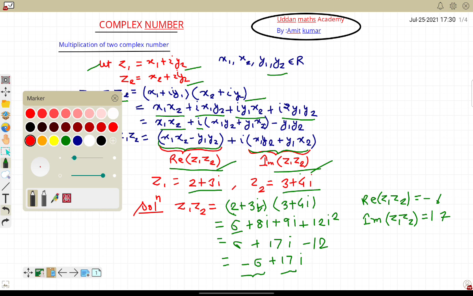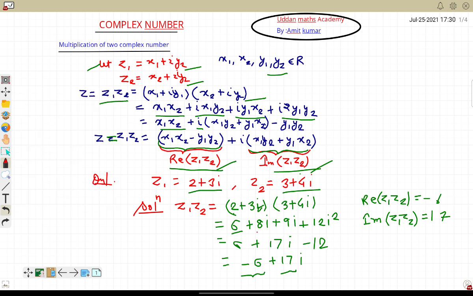Second, 2 into 4 iota is 8 iota. 3 iota into 3 is 9 iota, and 3 iota into 4 iota gives 12 iota square. So this value is 6, iota square is minus 1, so this becomes minus 12, plus 8 iota plus 9 iota.